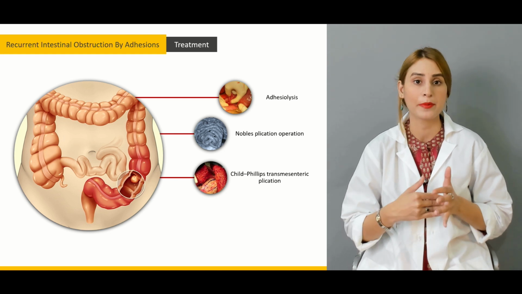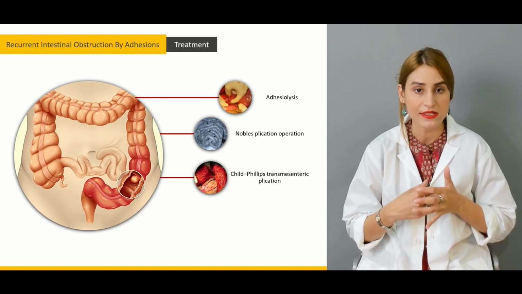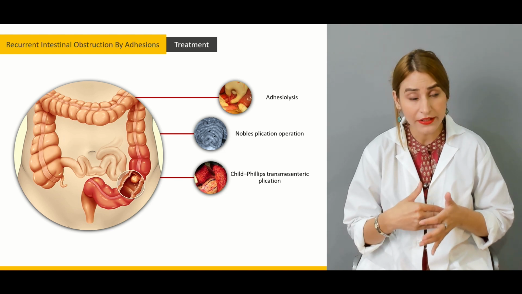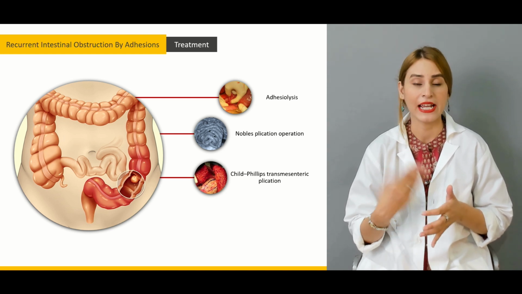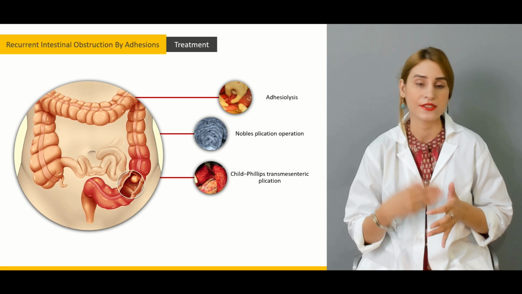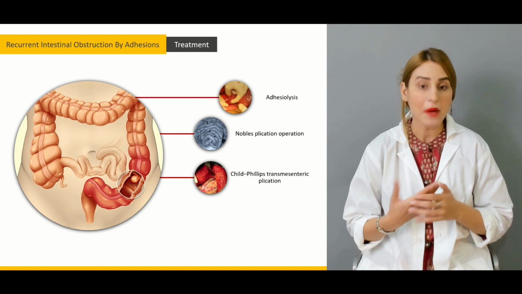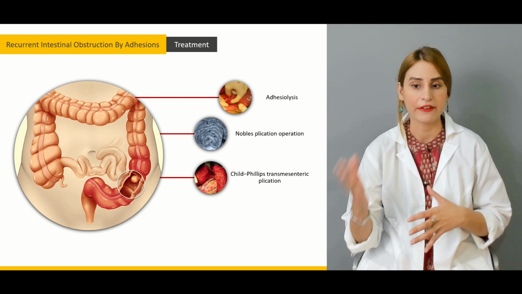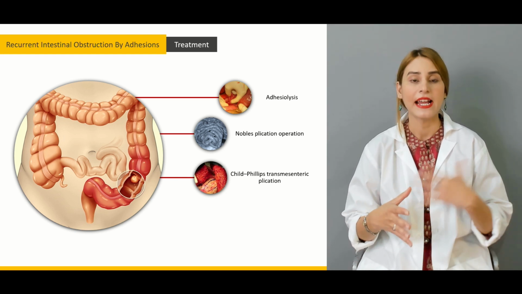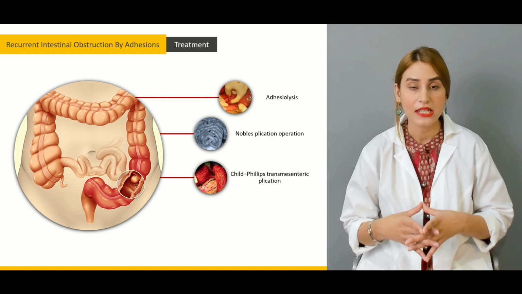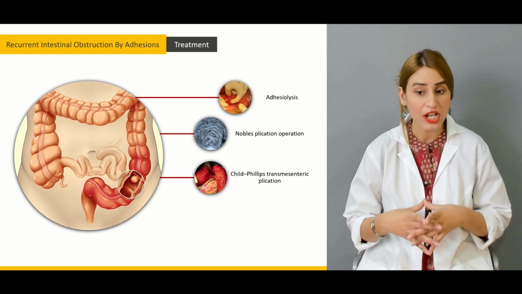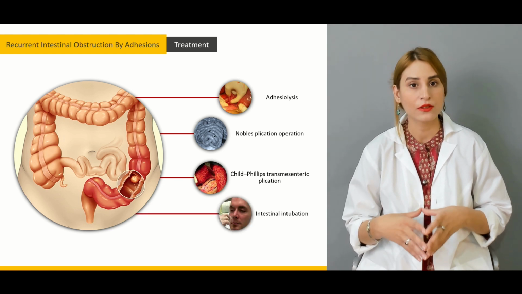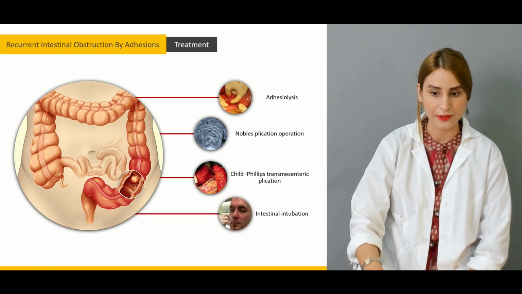Then you open the patient if the symptoms are not resolved, remove one dominant adhesion, and leave the rest to resolve spontaneously. The other procedures for recurrent intestinal obstruction are adhesiolysis, enterolysis, Noble's plication operation, or Child-Phillips transmesenteric plication, or you also perform intestinal intubation.